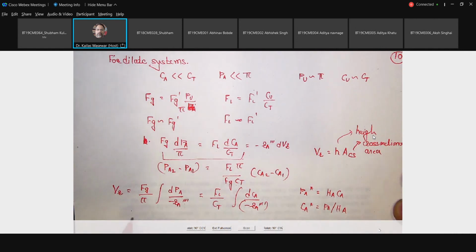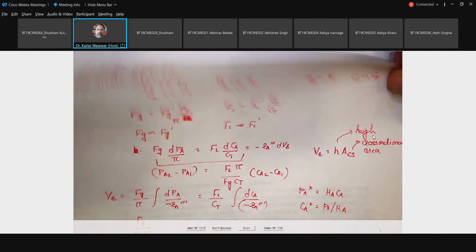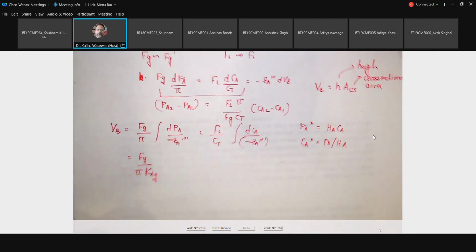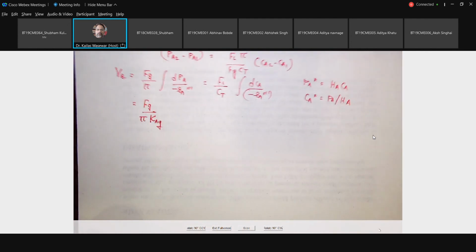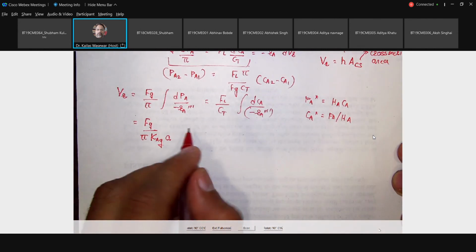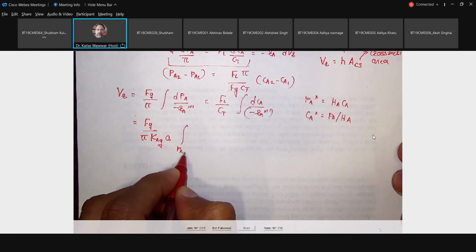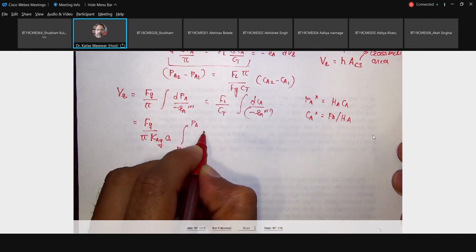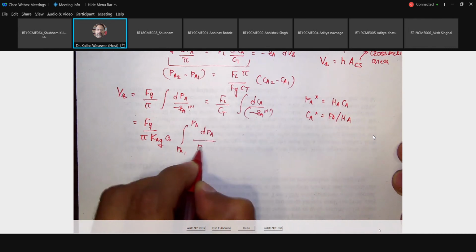So Fg upon pi into the overall mass transfer coefficient Kag, along with the small a, integrated from PA1 to PA2 of dPA over PA minus PA star.